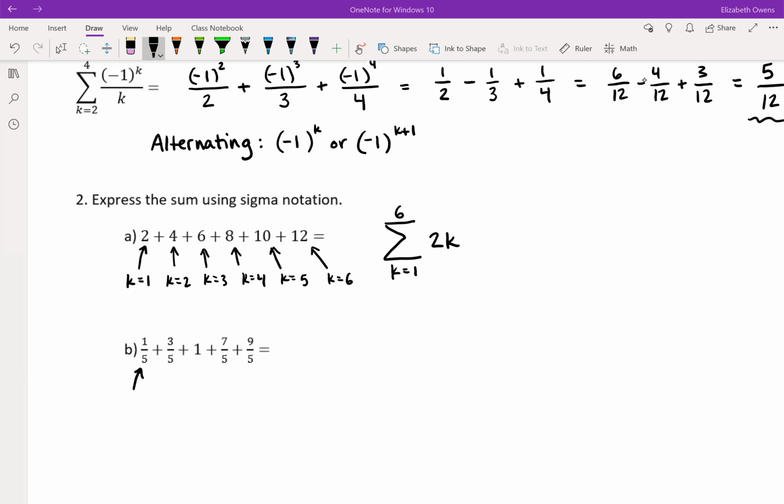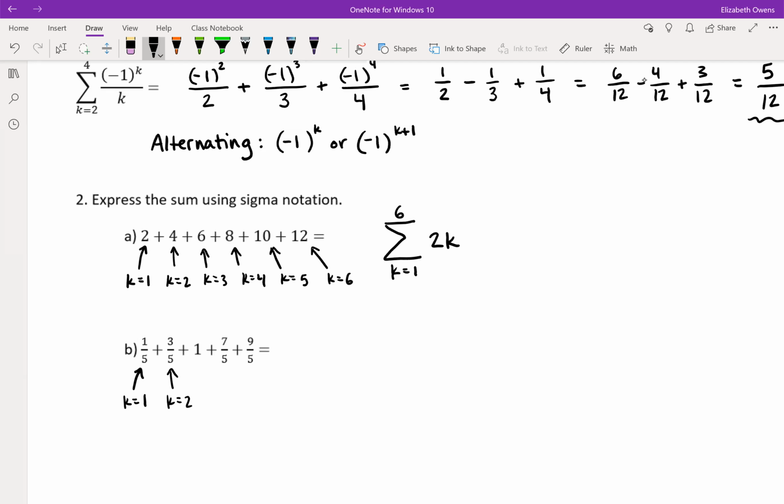There is a question in the chat, would 0 count as an integer? And yes, that would count as an acceptable starting index. So we could go k equals 0. Actually, let's do it a couple different ways. I'll start with k equals 1, and then we'll also look at your other two ideas there, -2 and 0.